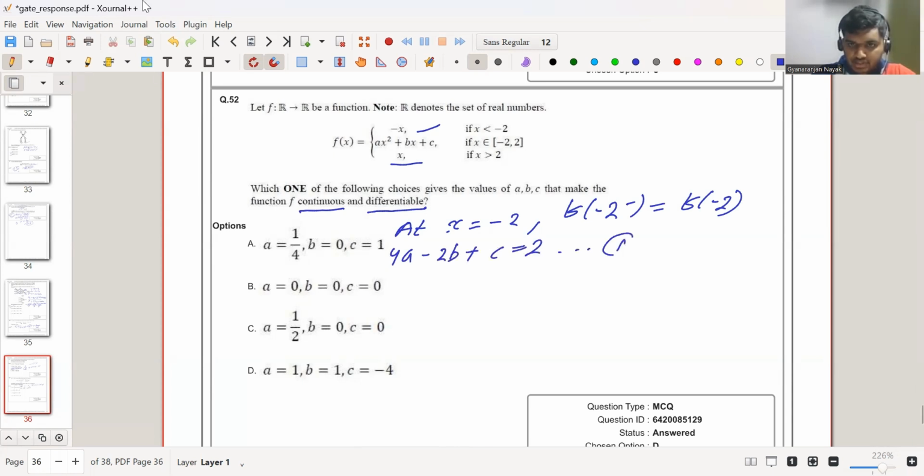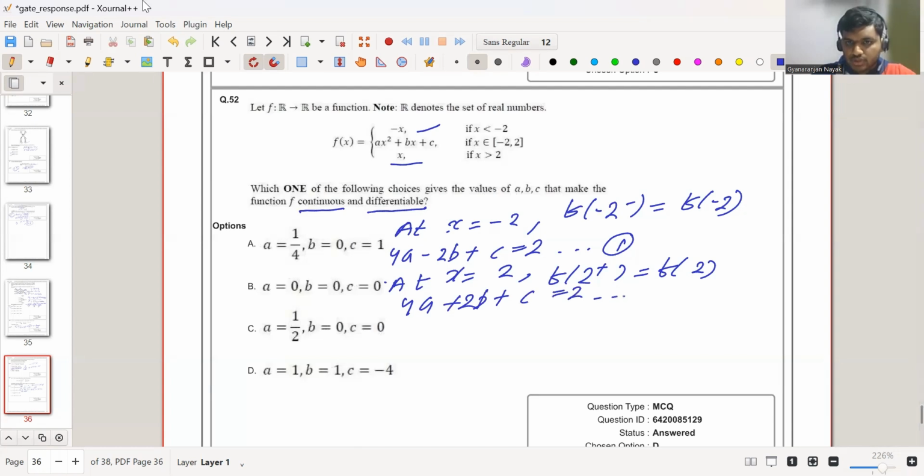You assign this equation 1. Then at x equal to 2, f of 2 plus equal to f of 2 minus. Okay, so 4a plus 2b plus c equal to 2. You assign this equation 2. From 1 and 2, you find b equal to 0.